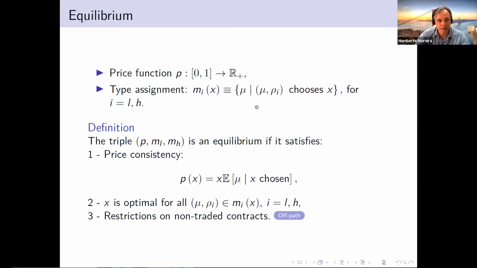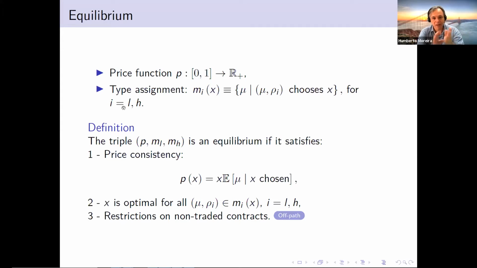which are the types that are going to be assigned to this contract level, right? Since we have just two levels of risk aversion, mu I of X is going to be all the types mu such that mu and rho I choose the coverage X, for each possible level of risk aversion.